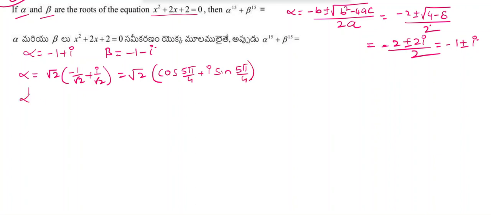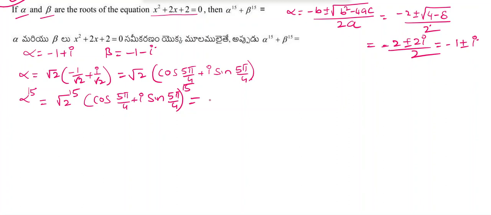Now we find alpha power 15, that is root 2 whole power 15 into cos 5 pi by 4 plus i sine 5 pi by 4 whole to the power 15, applying De Moivre's theorem for this.